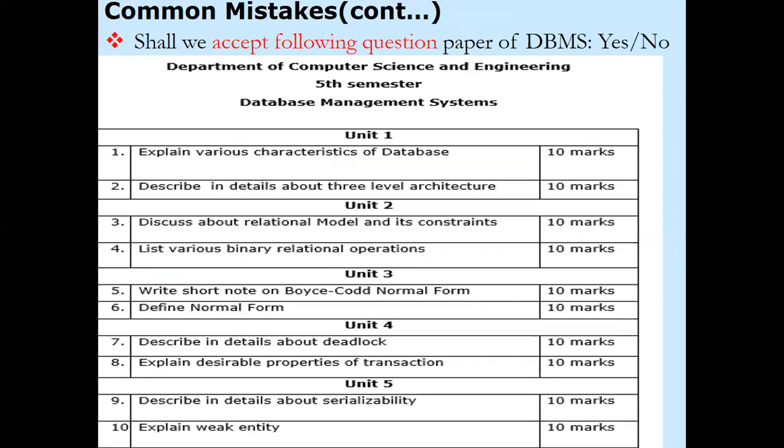This is not my question paper. This is a sample given for a subject. If you see this sample, everything is Bloom's level 1 and level 2 only. Then attainment becomes difficult.